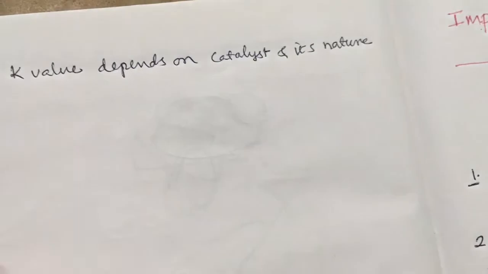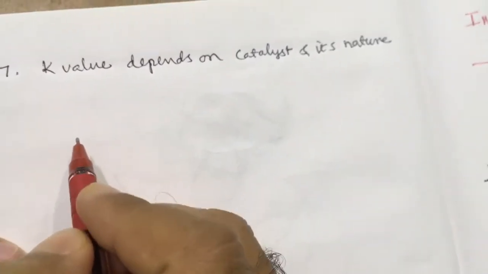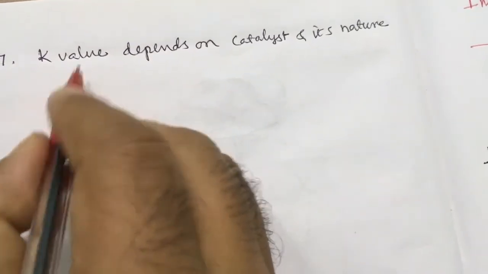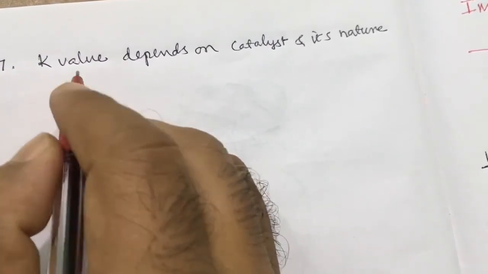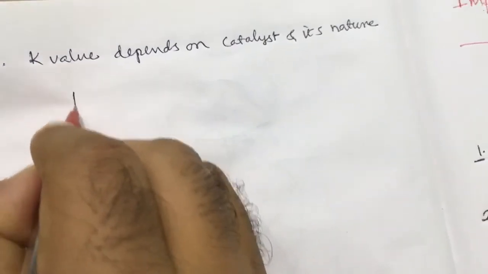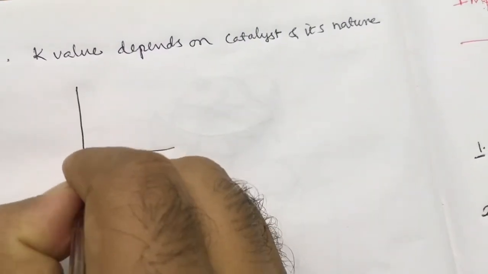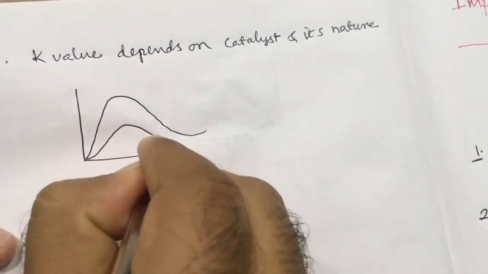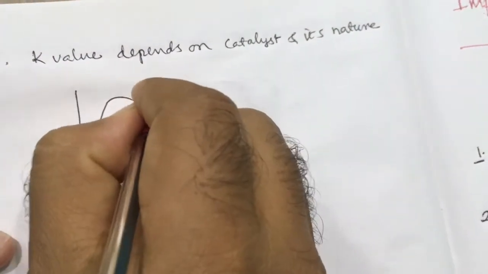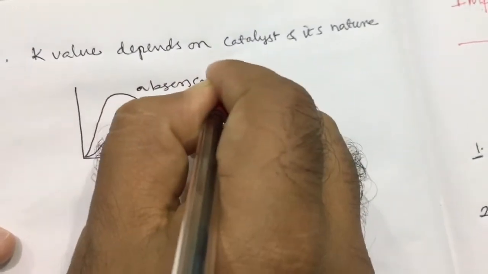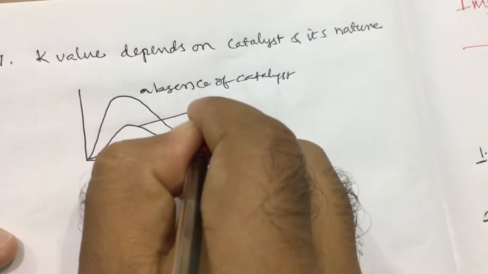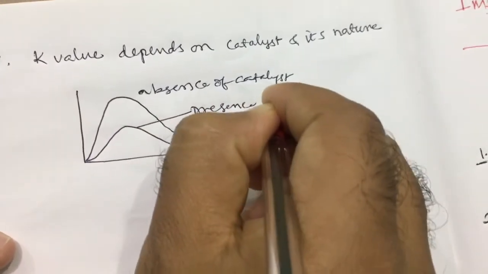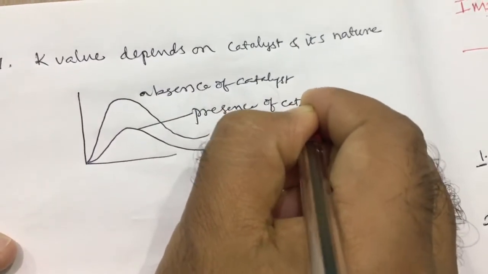Generally, we know that if a catalyst is added, the rate of reaction increases by decreasing the activation energy. We know this type of graph. This is the graph without catalyst, the absence of catalyst. This is the graph with catalyst, the presence of catalyst.